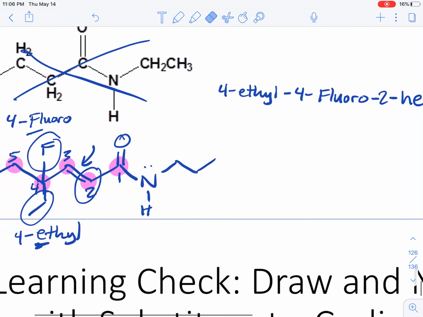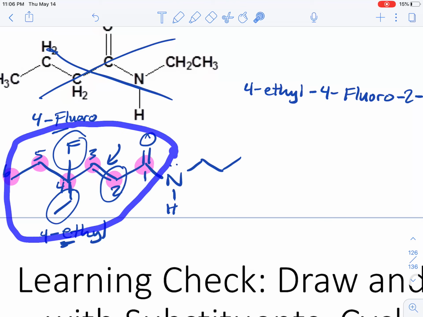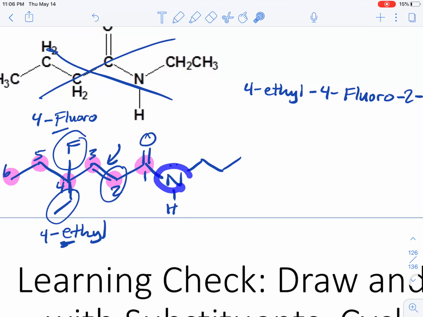The reason why is because we've only described everything to the left of this nitrogen. Now we need to describe this carbon chain that's on the nitrogen itself. This is a 1, 2, 3 carbon substituent that's bonded to this nitrogen. So this is going to be N-propyl.